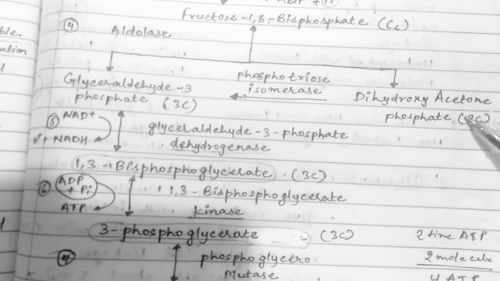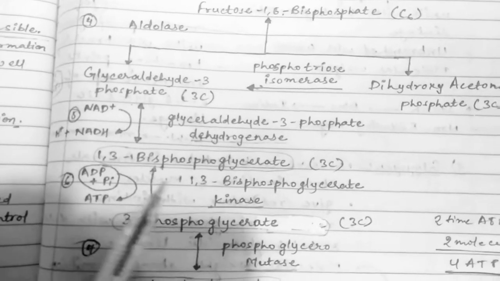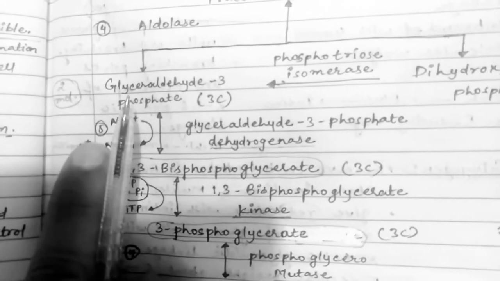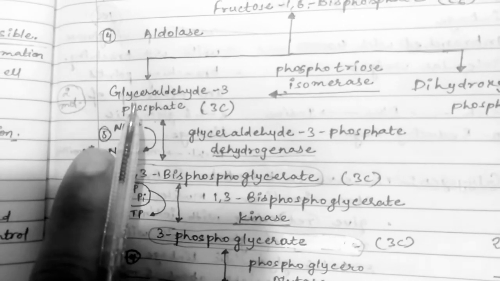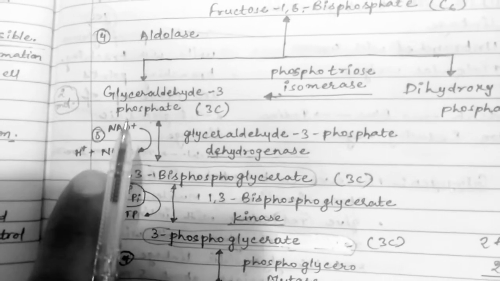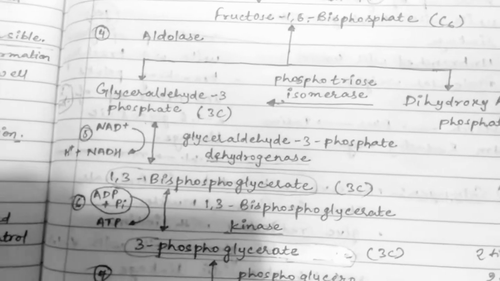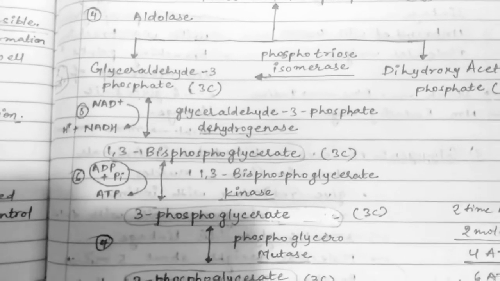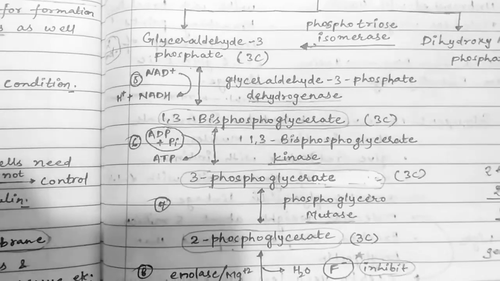So student, from step number 4 we have two molecules of glyceraldehyde 3 phosphate. So from this reaction the pathway will take place twice. How does it take place, we'll discuss here.